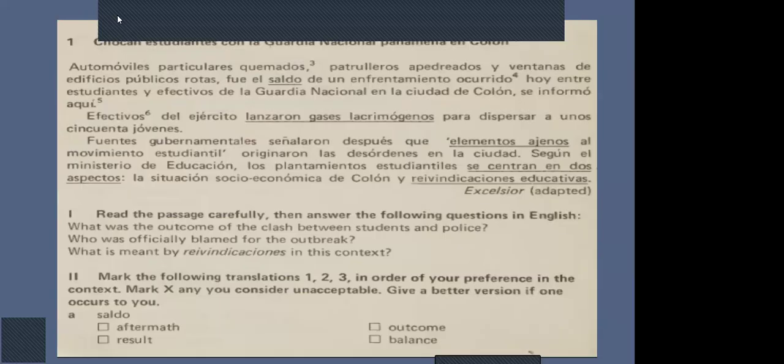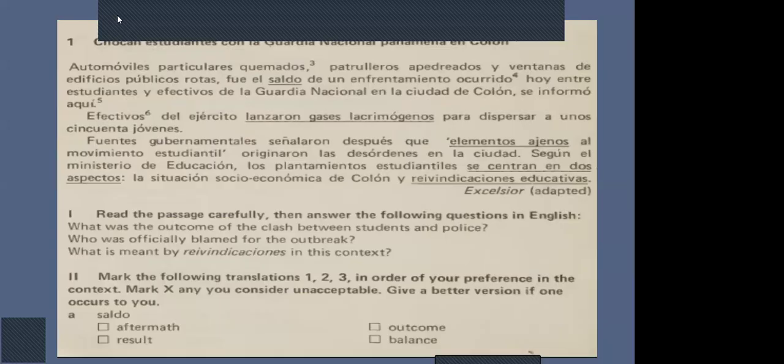So it's more like an outcome. Balance is not a good choice either, because I think balance is a very positive word rather than negative. Result is also very definitive, and there is nothing that we could say is final concerning disasters like this, because this is some form of a disaster, right? So let's take a look.